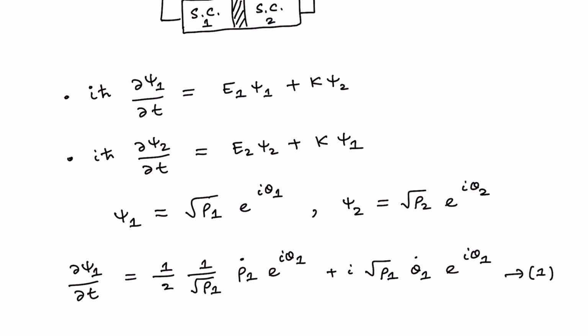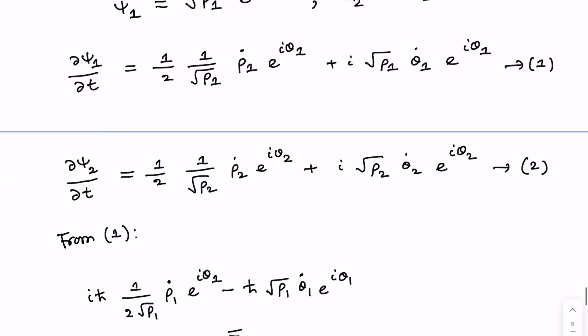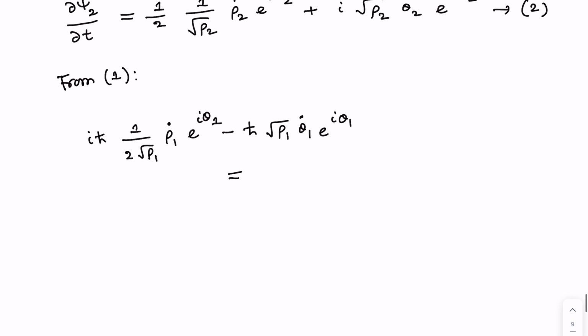Now I am putting ∂ψ1/∂t in this first equation, and on the right hand side I will get E1 square root of ρ1 e to the power i θ1, okay, plus k root ρ2 e to the power i θ2.